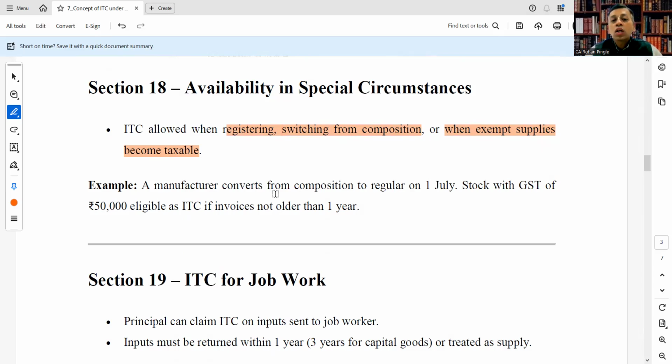A manufacturer converts from composition to regular on 1st July, with stock having GST of rupees 50,000. It is eligible as ITC if the invoice is not older than 1 year.